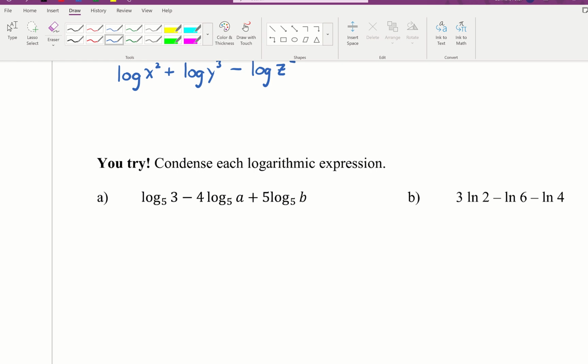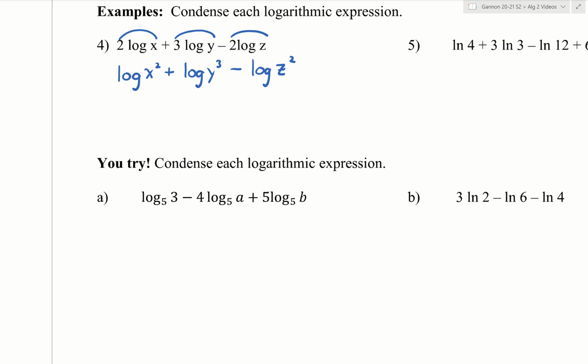All right, well, what you should notice now is all that we have are basically sums and differences of logarithms. We want to ultimately write this as a single log. It only works if the bases are the same, and they are. It's base 10, so we're going to call this log. And when you're adding, the sum of logs comes from the log of a product.